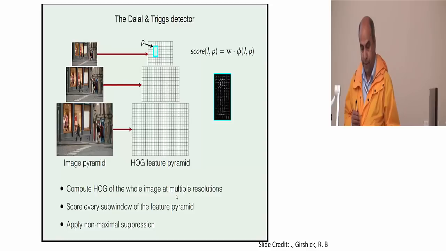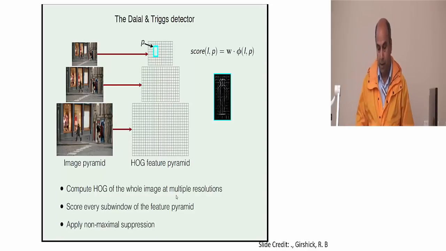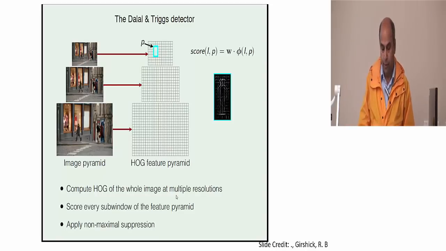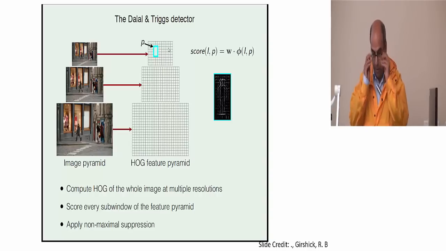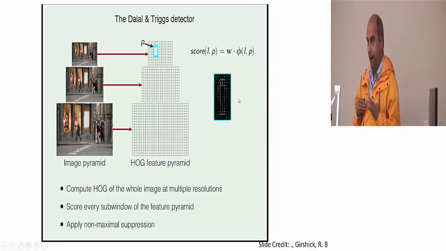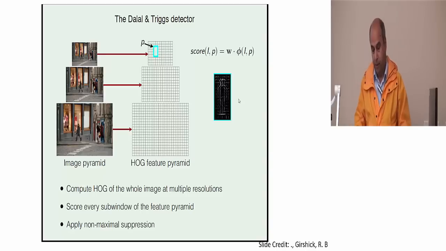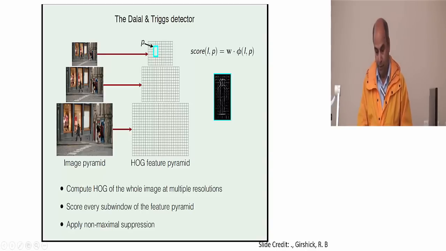Okay, so now in the Dalal and Triggs method, given an image like this, you find a pyramid and you compute the HOG pyramid, and essentially you computed the W from the SVM, and this is HOG at level L, and that W essentially can be looked at as a template, as a filter you apply to the image, because that's what you are multiplying W with the HOG.